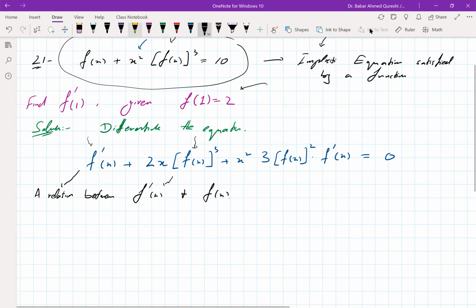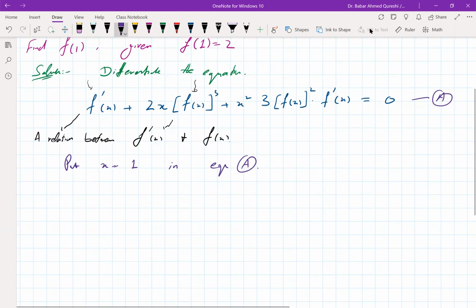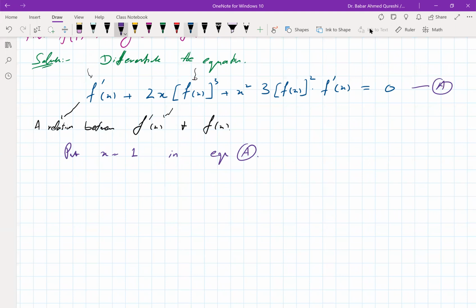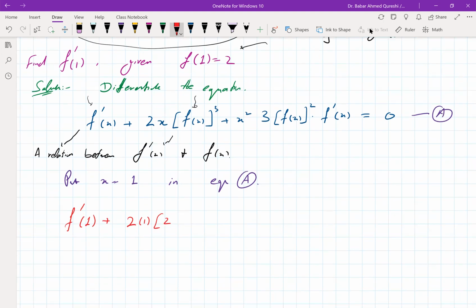So if I just put in x is equal to 1 in equation A, I get f derivative of 1 plus 2 times 1, and f of 1 was given to be 2, 2 cube plus 1 square, 3 times 2 square, f derivative of 1 is 0.